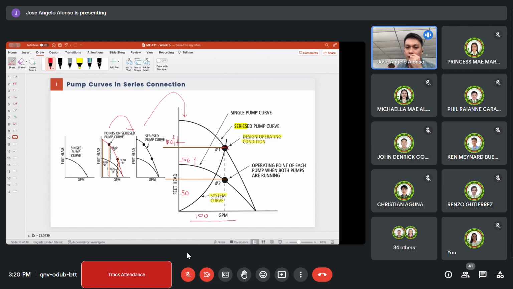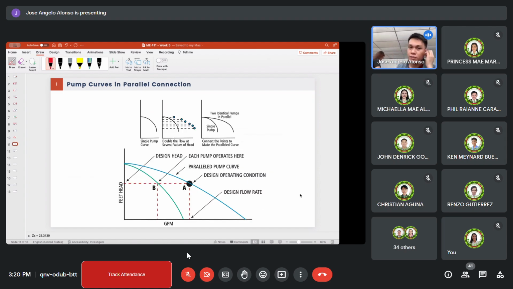So, total pa rin naman natin is 100 feet. Nakuha pa rin natin yung design operating condition. Yun nga lang, yung bawat isa sa kanila is nagpo-produce lang ng 50 feet of total head. Pag pinag-add mo sila, since naka-series ka, total pa rin is 100 feet. Okay, class? Ang tanong naman later on is what if mag-fail yung isa, then what will be the new operating condition nung isang pump na natitira?